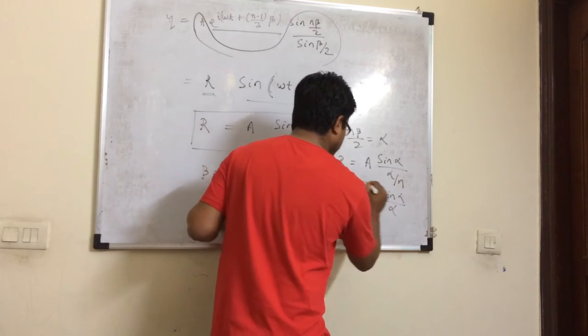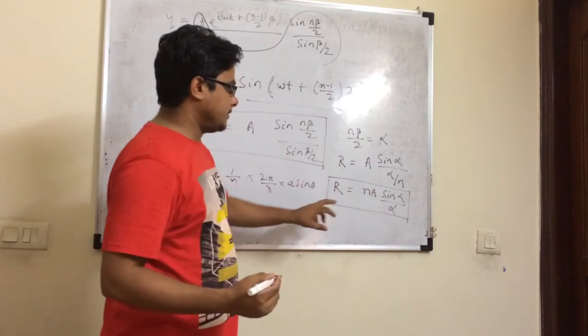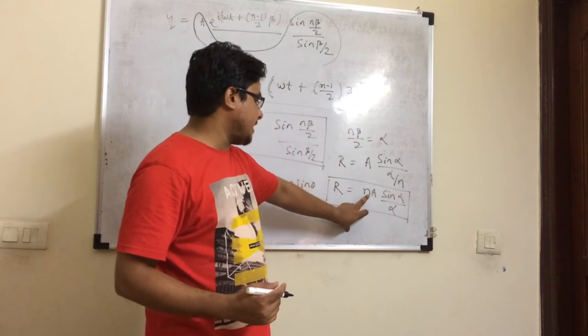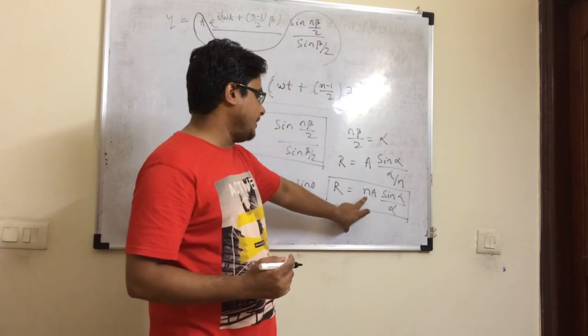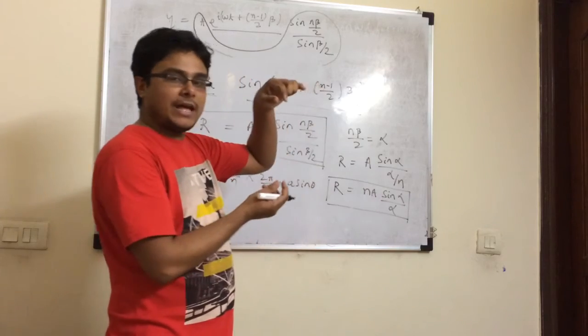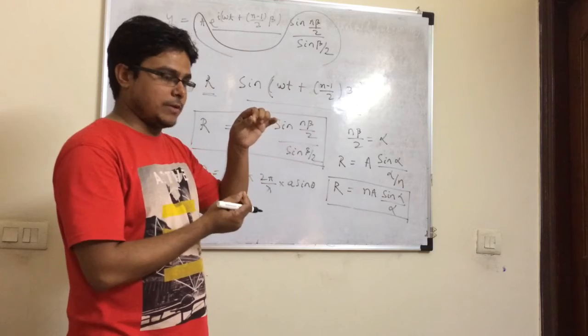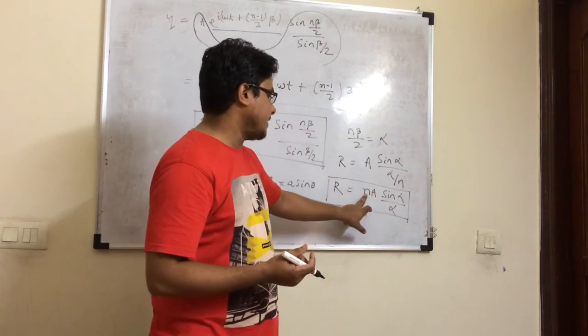So r equals n a sine alpha divided by alpha. This a is the amplitude of an individual source, and this n is the number of sources that you have considered. So n times a gives you the total amplitude through the slit.